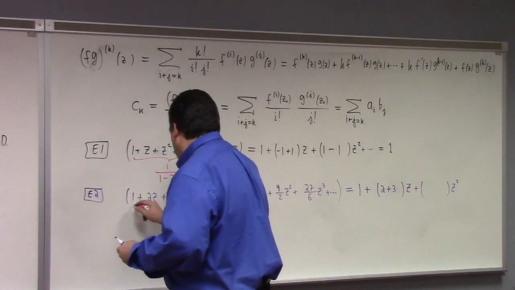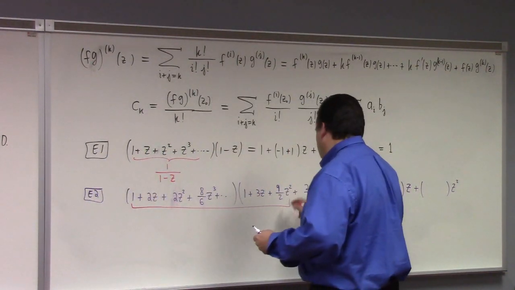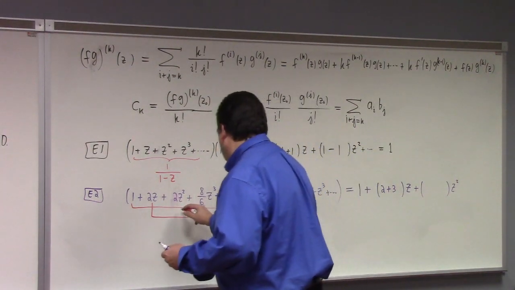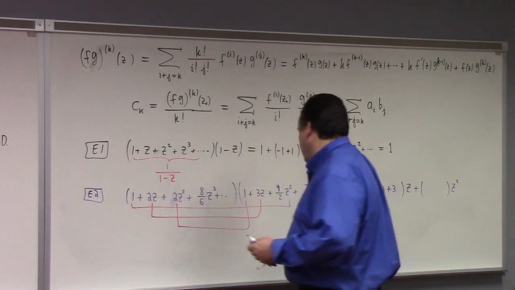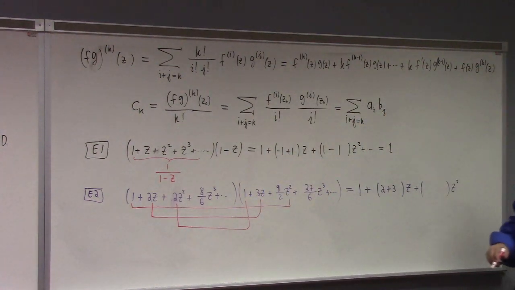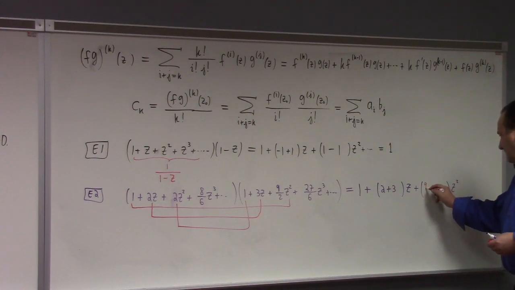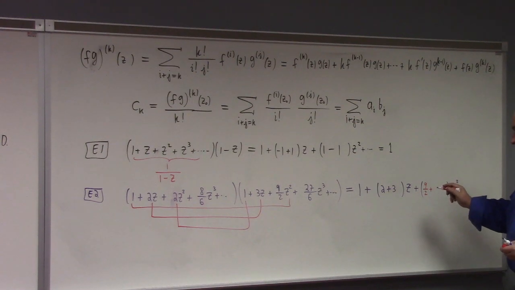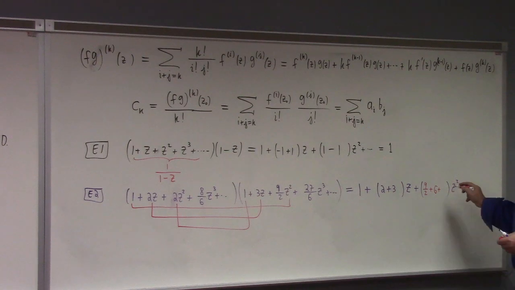To get z squared, we can either do 1 times that, or we can do 2 times that, or we can do this guy times that. Those are 3 choices, right? So we've either got a 9/2, or a 6, or what? 2? Correct? All right, I'm running out of boards. I'm just going to write plus dot dot dot here.